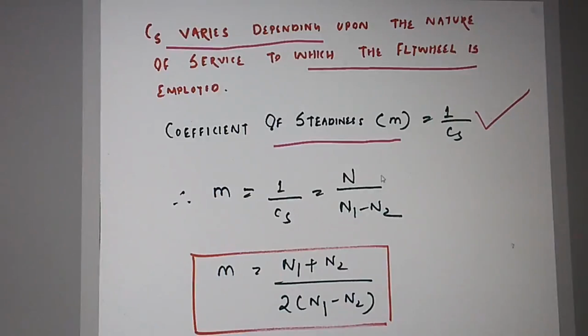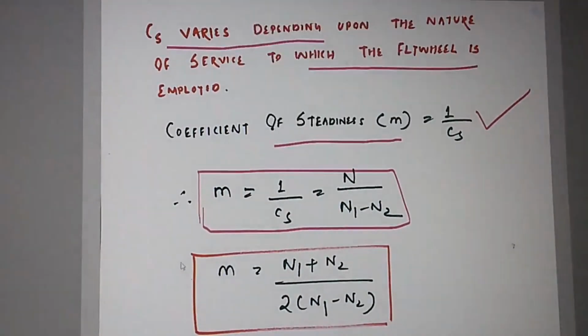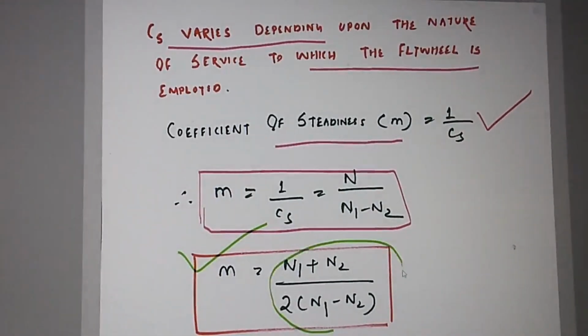Since Cs is (N1 minus N2) divided by N, m is equal to N divided by (N1 minus N2), where N is the mean speed. So m is equal to (N1 plus N2) divided by 2 into (N1 minus N2).